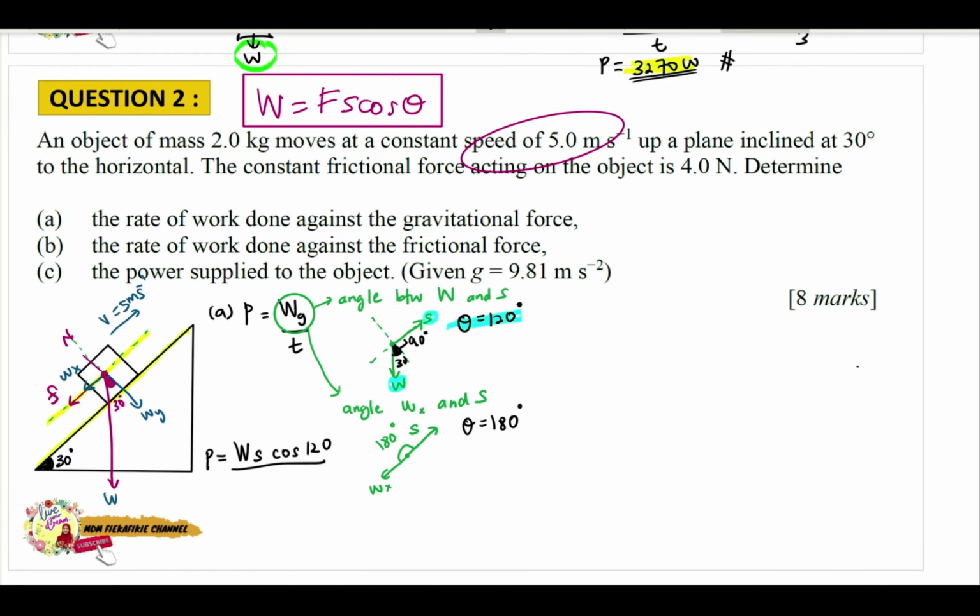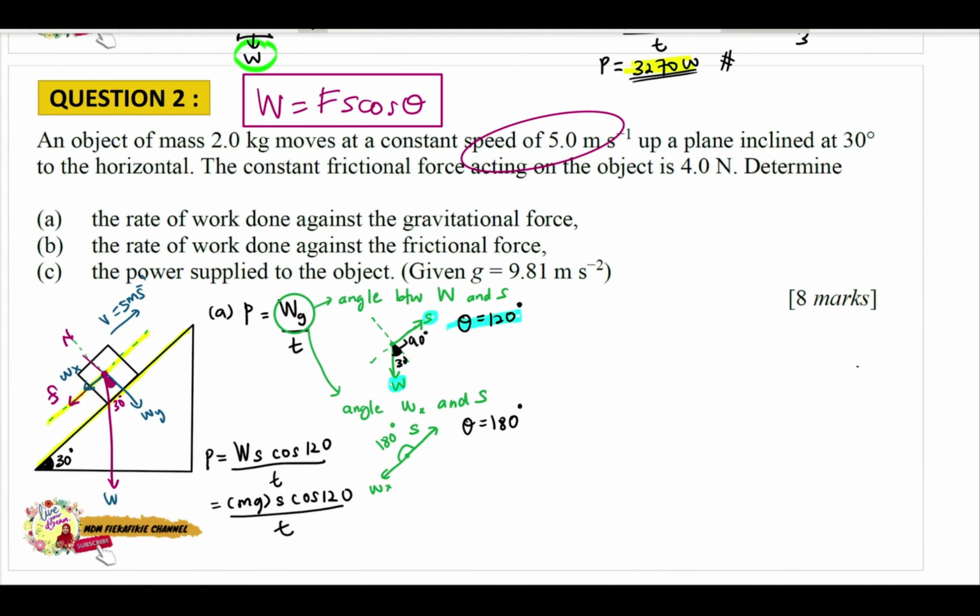The force here is the weight, or the gravitational force, referring to the weight of the object. That is why we write W, where W is equal to mg, over T. So we substitute mg cos 120 over T.